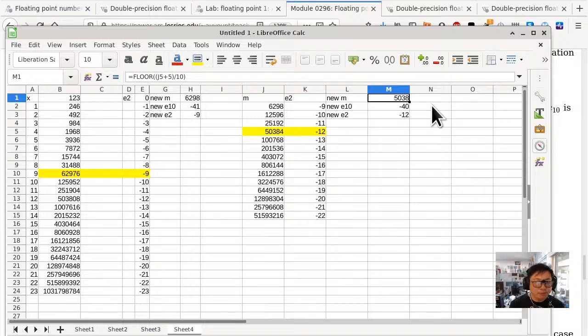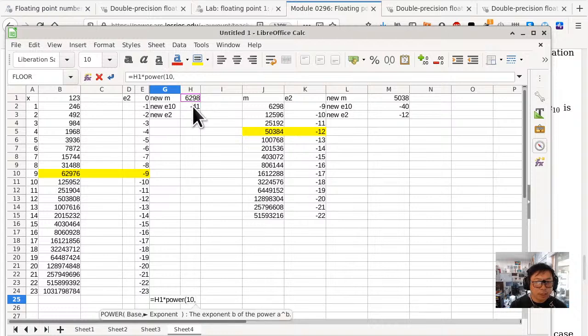Just one more thing before we go. How do you know whether your program is working or not? So I want to show you this part here, because the value being represented should still be the same. So what is the value being represented? The value being represented is the mantissa times 10 to the power of E10 times 2 to the power of E2, which is like that.